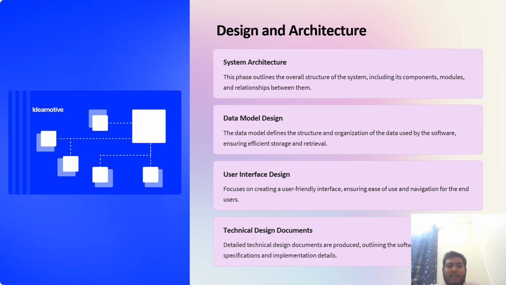Next, user interface design. Focus on creating user-friendly interfaces, ensuring accessibility and easy navigation for end users. Next, technical design document. Detailed technical design documents are provided, outlining the software specification and implementation details.